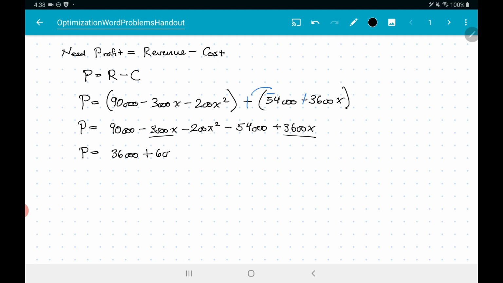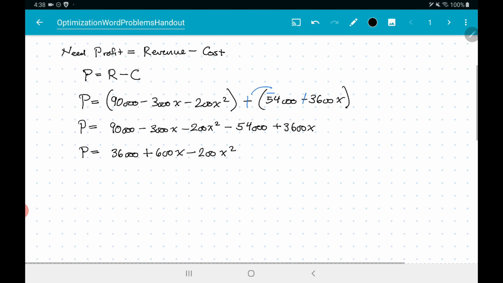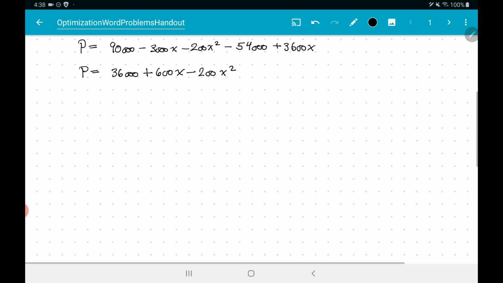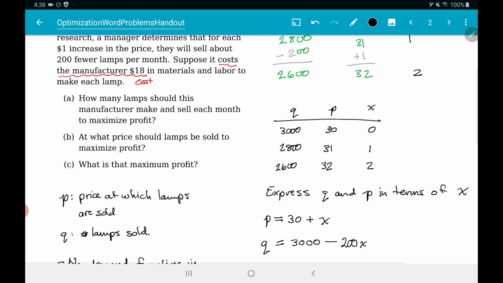We'll add those together to get plus 600x. And there's one degree 2 term, so I'll finish by writing that, minus 200x squared. At this point, it should be clear what we need to do next. What should we do next?